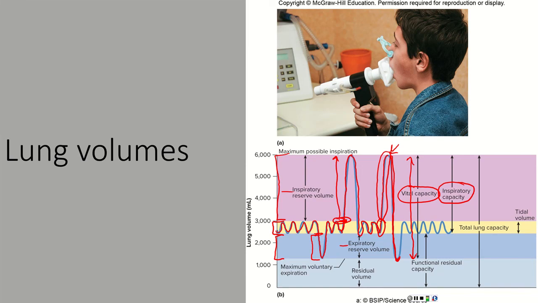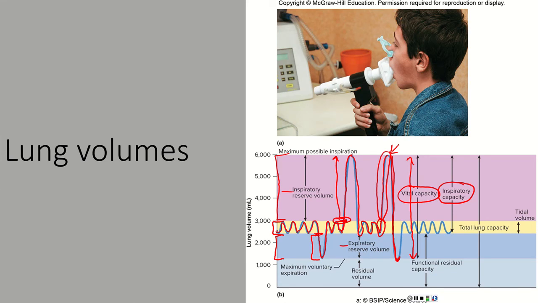Now, another way that we can define this vital capacity, it is all of the air that we are capable of moving. So you filled your lungs up as full as you can, and you breathe out as much as you possibly can. During that breathing out, that is blowing off your vital capacity.